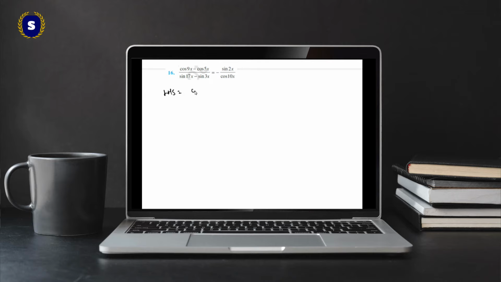LHS is given as cos 9x minus cos 5x upon sin 17x minus sin 3x.